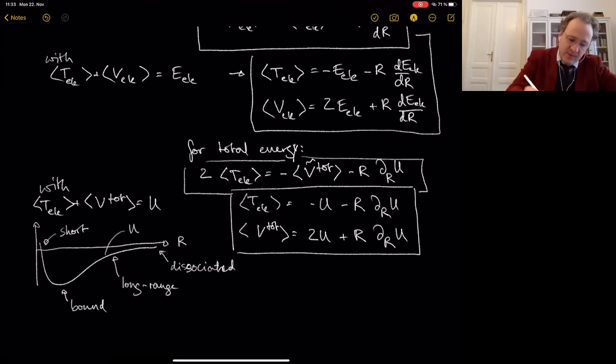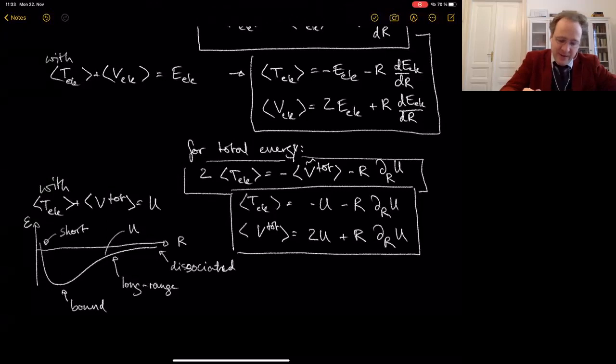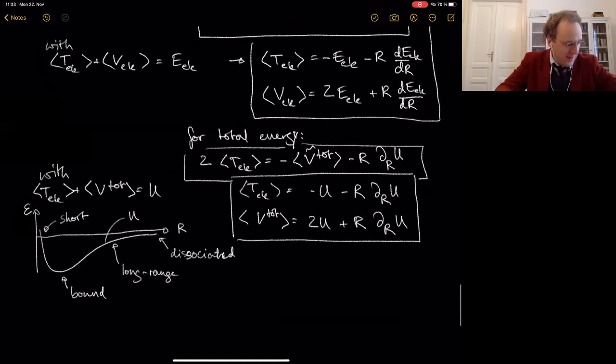This is U. Okay, there's some energy. This can be any unit, right? So we're going to plot also kinetic and potential energies now. But we have these four regimes we'd like to discuss now.